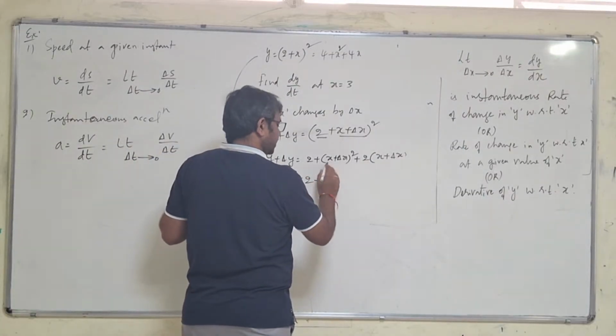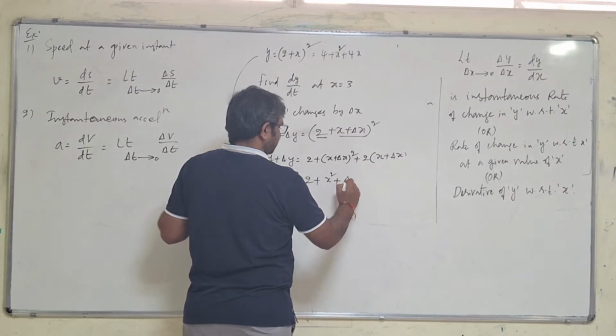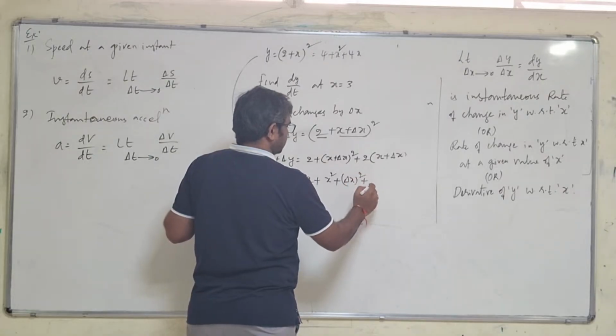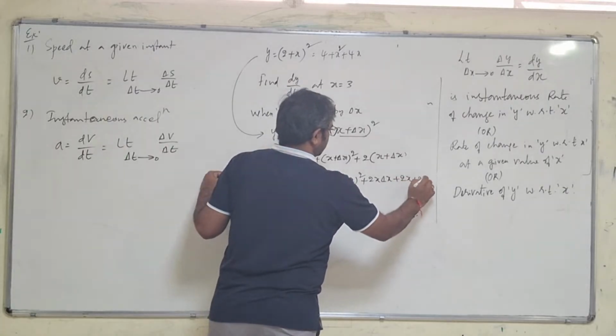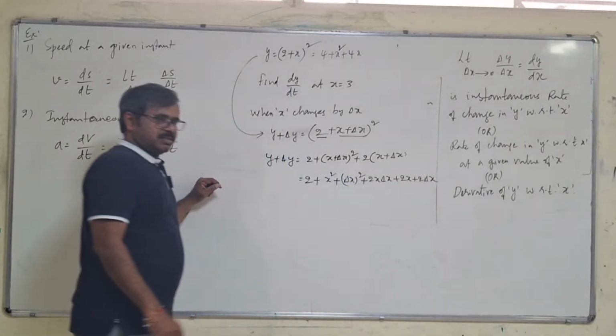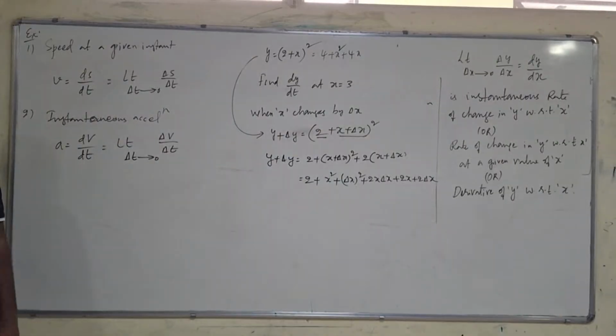Expand it further. x square plus delta x whole square plus 2x delta x plus 2x plus 2 delta x. Correct? Check this.